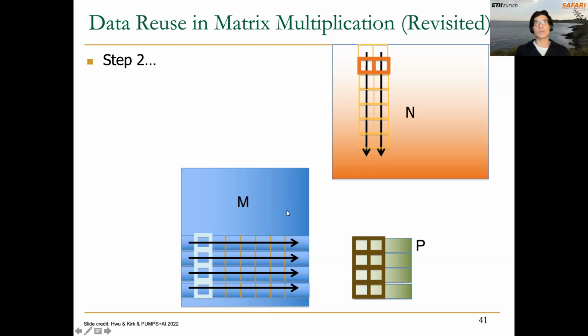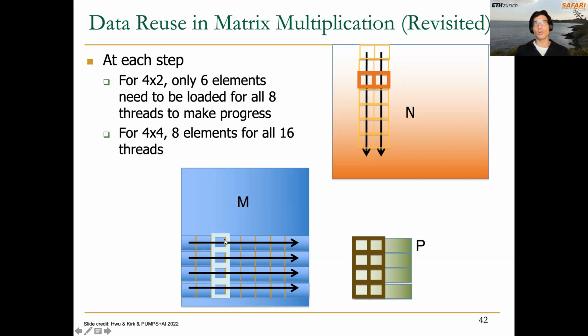In the next step, we have to go to the next set of 4 elements of M and the next set of 2 elements of N. And in the next step, we read 4 more elements of M and 2 more elements of N. So as you can see, for a 4x2 tile, only 6 elements need to be loaded for all 8 threads of the tile, the threads that are computing these output elements, for all these threads to make progress.